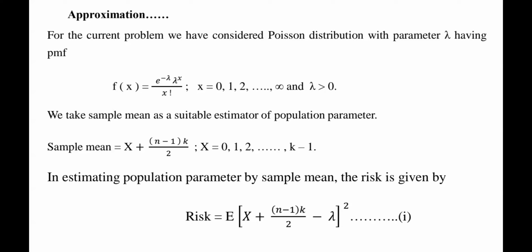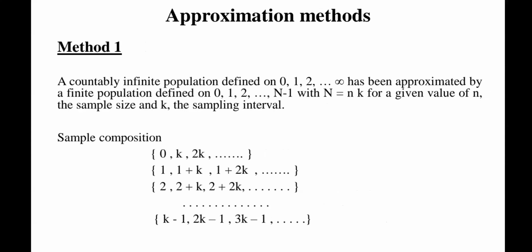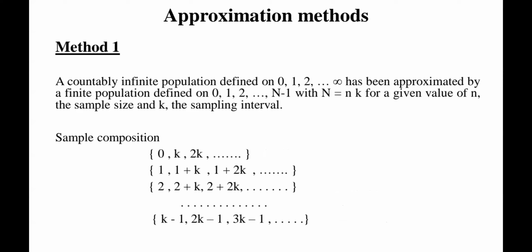And the corresponding sample mean in the case of a systematic sample is nothing but x plus n minus 1 by 2 into k, given by equation 1. And now we come again to our approximation methods, because we have already mentioned that the underlying population should be finite to apply systematic sampling.